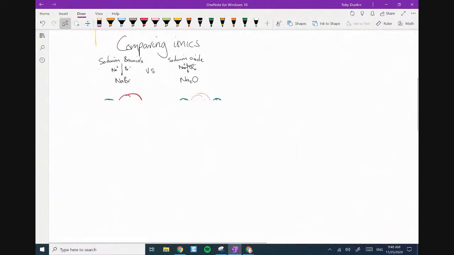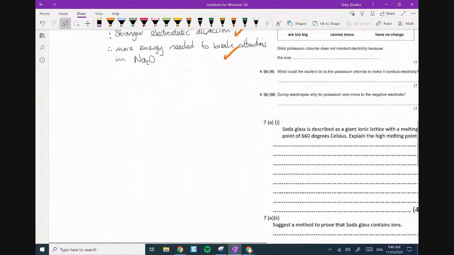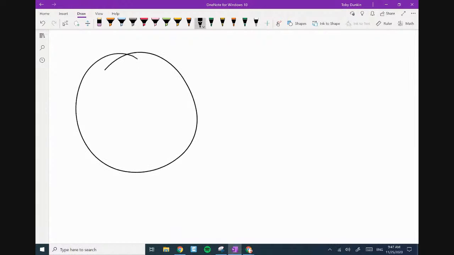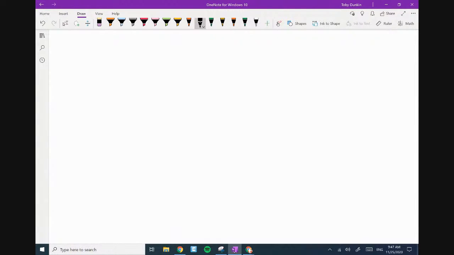Okay, so the next thing is, it turns out, if you want to have a force between 2 ions... let's do ion size. So if you have positive and negative.